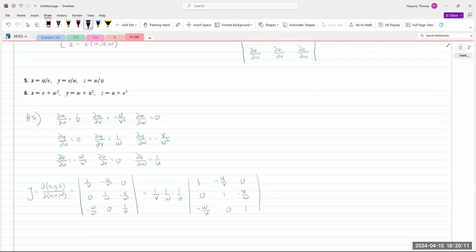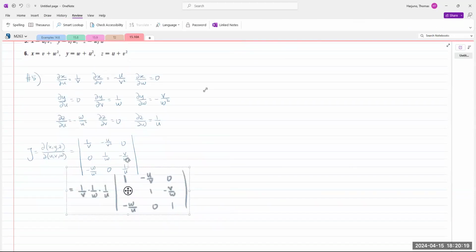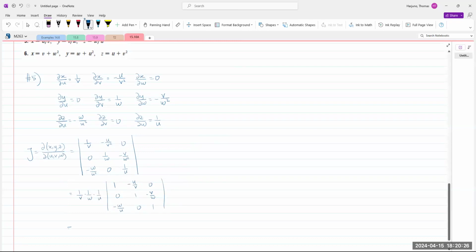Okay, let me put it here and make it a bit smaller. Now, to compute this, we have a couple ways.